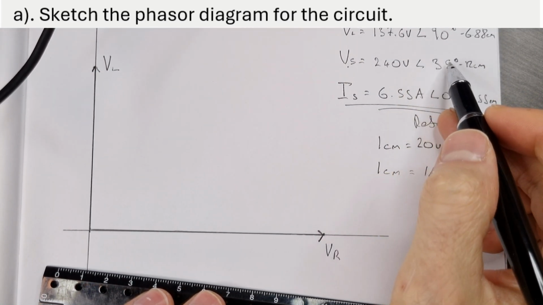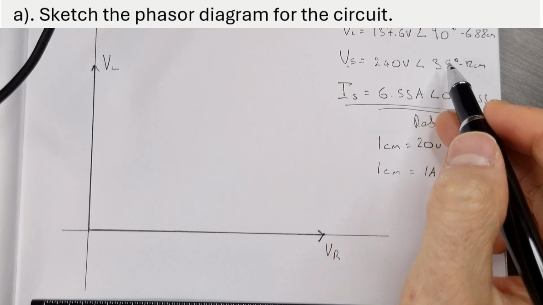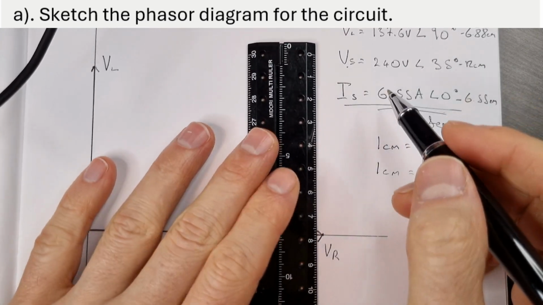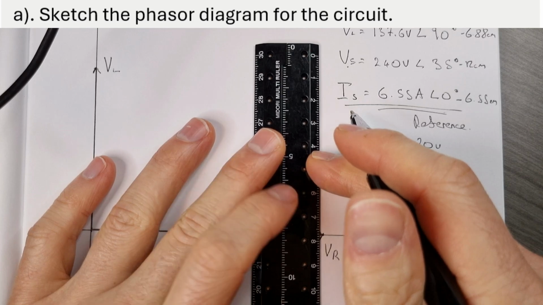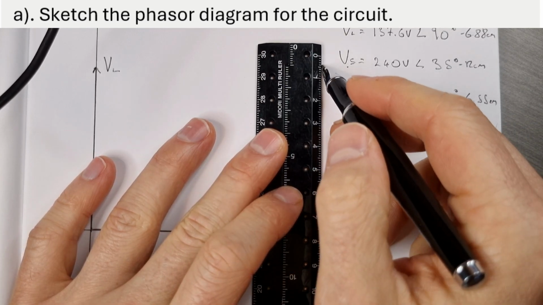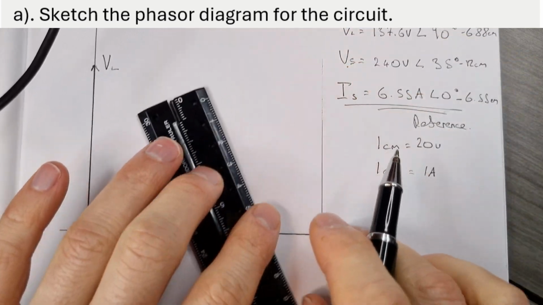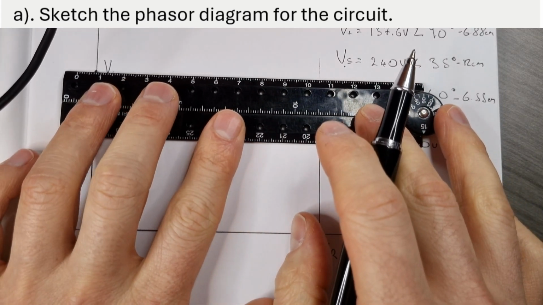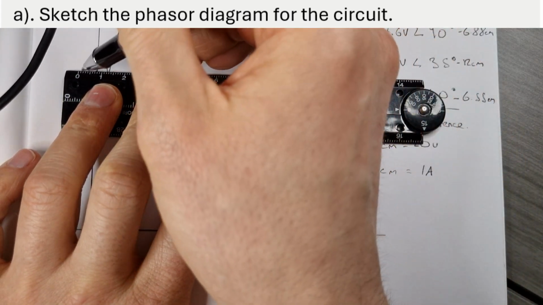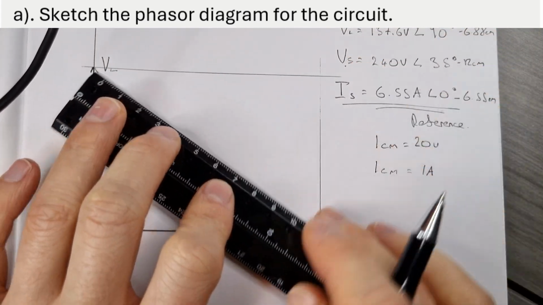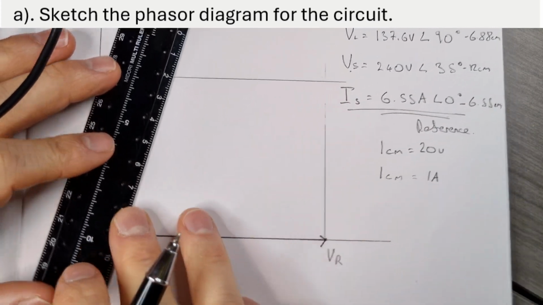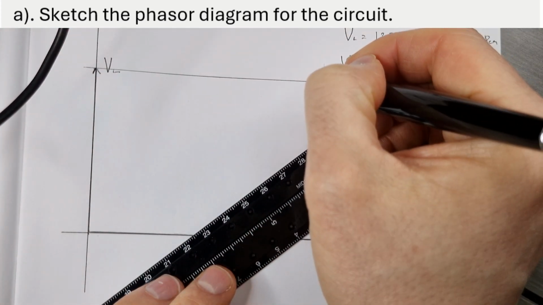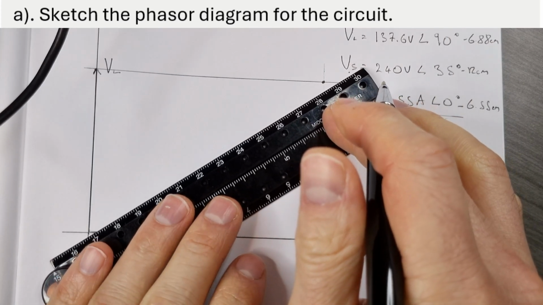If you don't have a protractor, which you should have, but if you've forgotten it, the little trick is you can just draw a vertical line coming off the end of VR, very faintly. Draw a horizontal line coming off the end of VL, nice and faintly. And where those two cross is where you should be drawing your VS to.